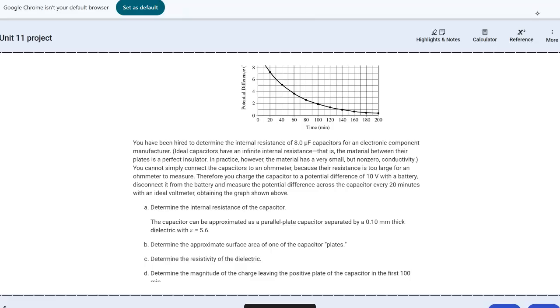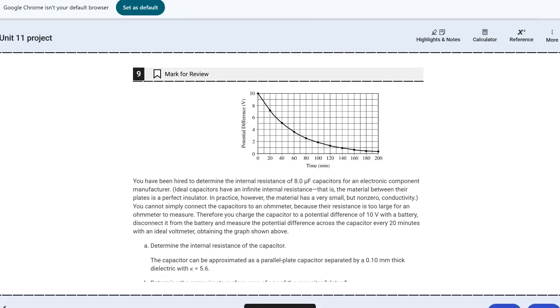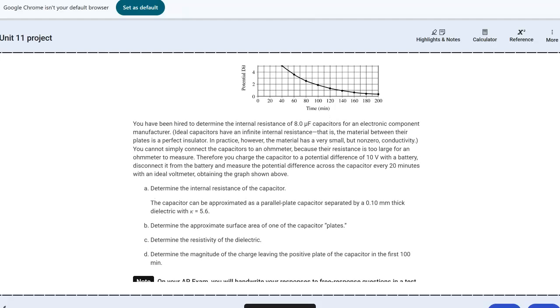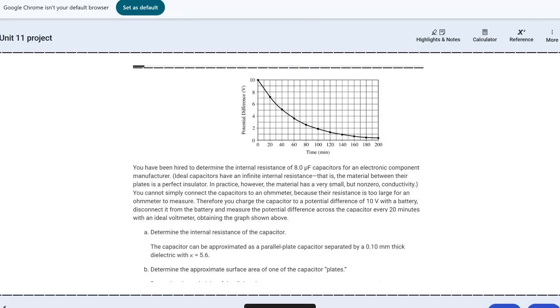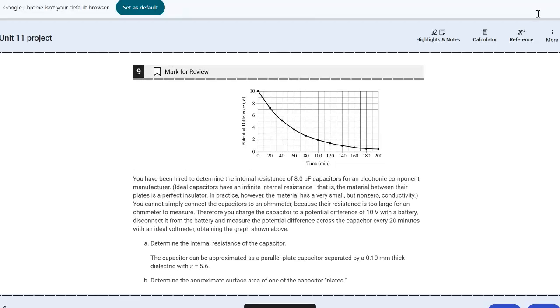And then I'm gonna look for the time when V of t equals... So I would be looking for the time when our voltage is 3.7, because I'm doing 0.37 times 10.